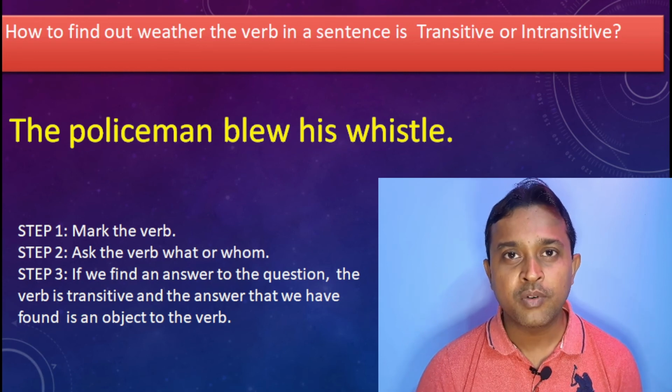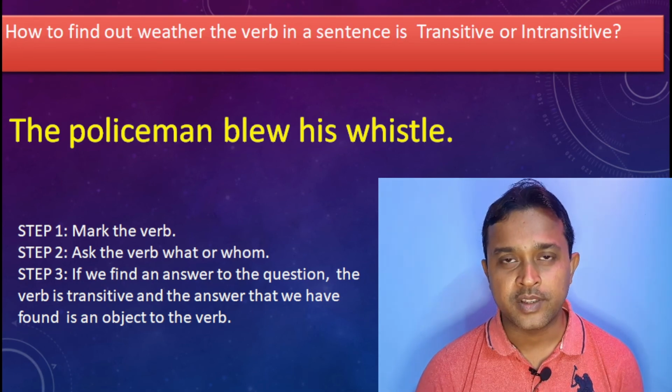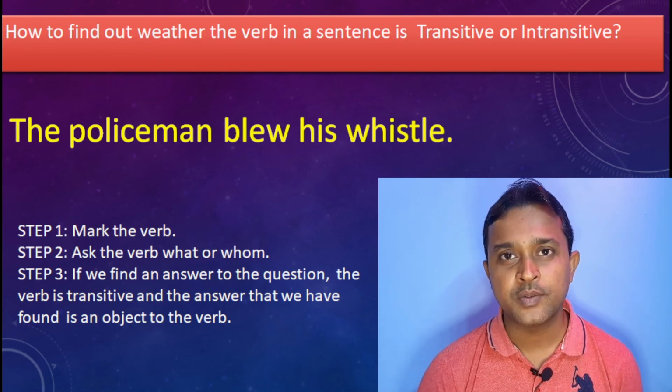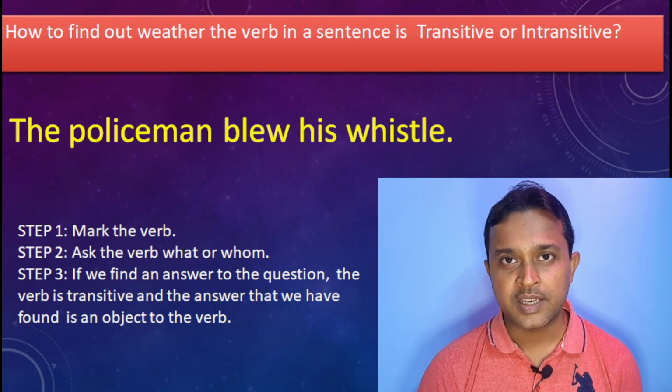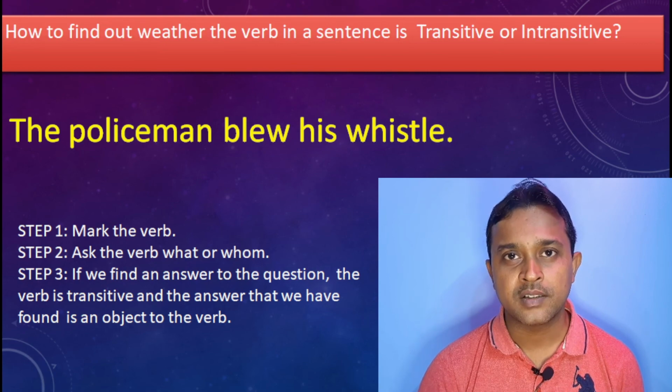So blew what? The answer is his whistle. So therefore the phrase his whistle is an object to the verb blew. As the verb blew has an object after it, it is a transitive verb.